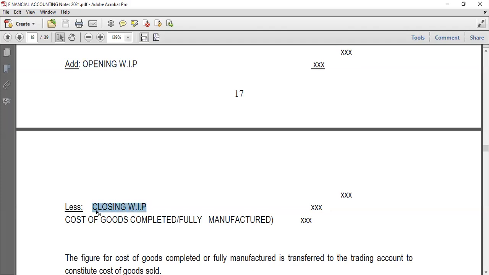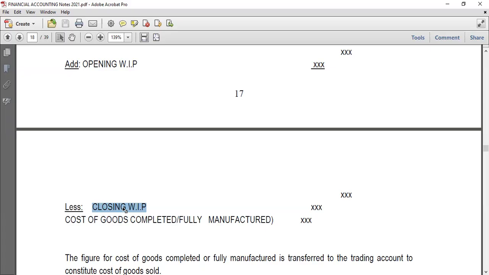Remember, the reason why we less the closing work in progress is because these goods are not part of our goods fully manufactured for that period, okay? They will now be goods fully manufactured for the next period, when we shall complete their actual production.